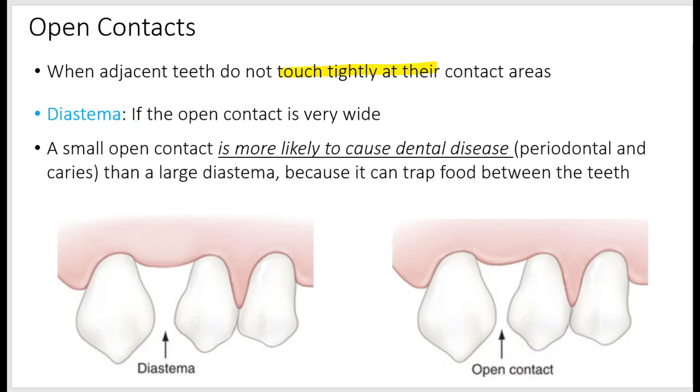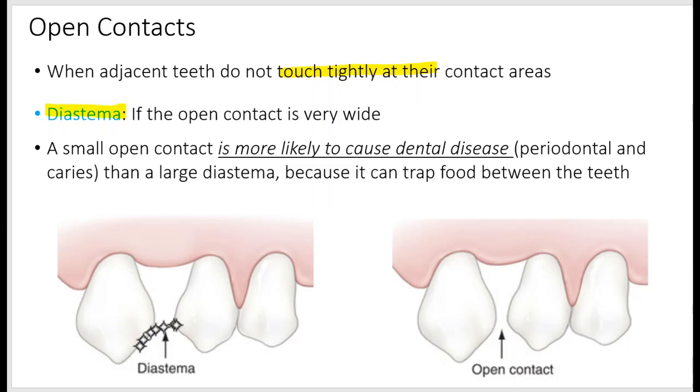And if the open contact is too wide, they will call it a diastema. Sometimes they still call it diastema even if it's not that wide, like almost any opening, but we're just basing it on this chapter. So if it's just a small opening, it'll be just an open contact. When it gets bigger, that is a diastema.